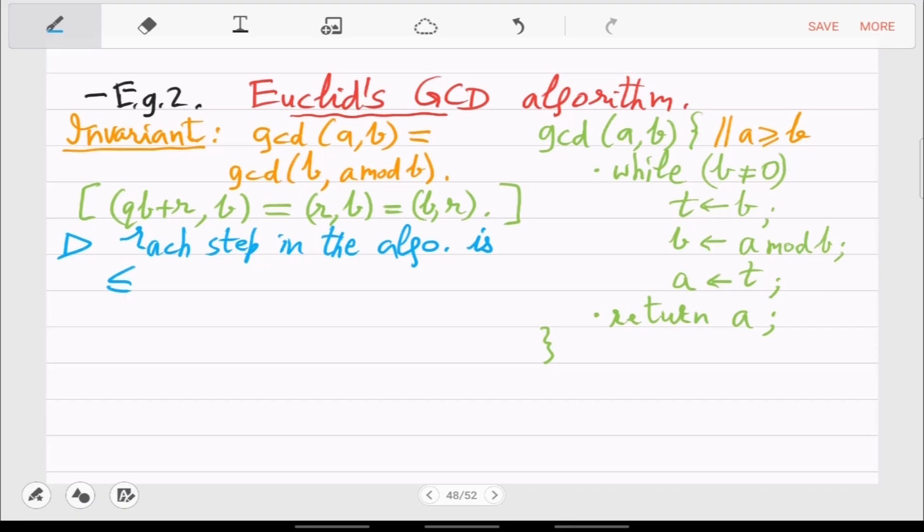Right? So suppose A and B are m bits, or m digits, then this A mod B can be calculated in almost linear time, so in m time. Okay, so this is order m.